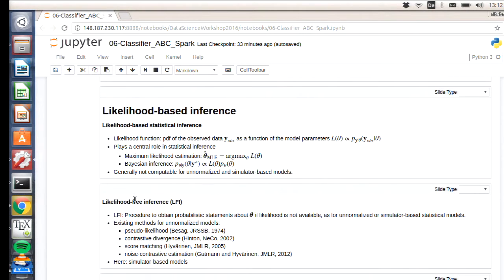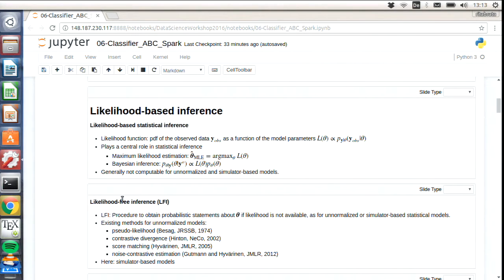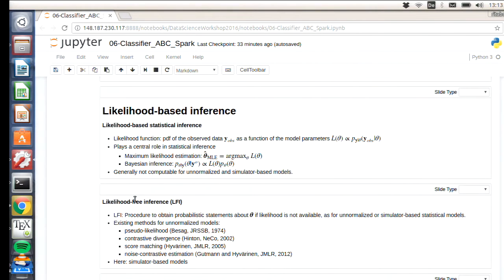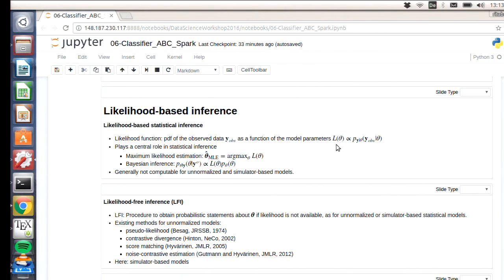But now we have 3 different kinds of model. Depending on what we want to do, the first one is likelihood-based inference. The PDF function you saw is in a lot of cases the likelihood function of the parameter theta. The PDF of the observed data, when you have the observed data y-obs, is a function of the model parameter, L theta.